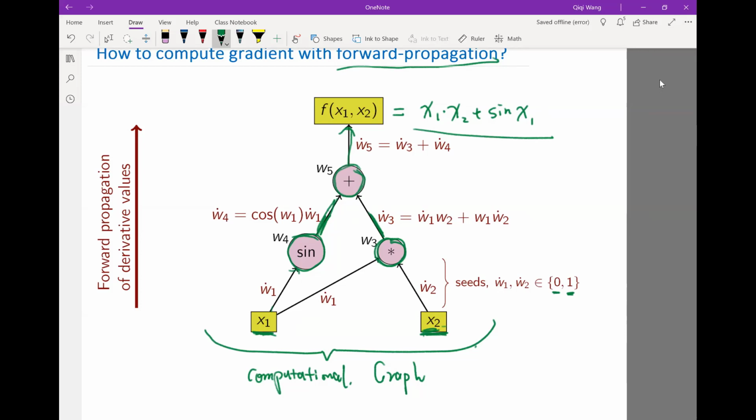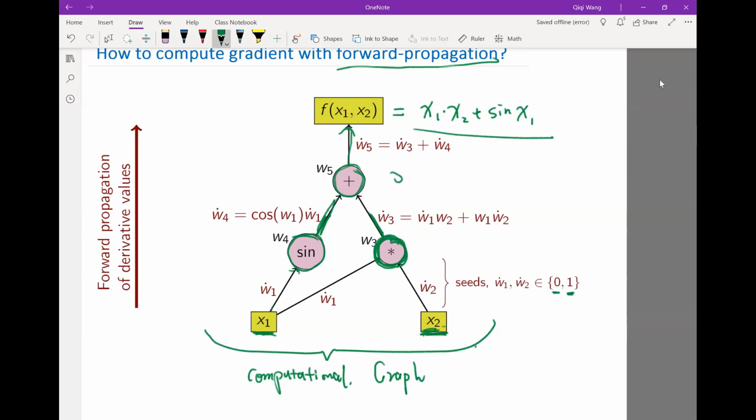Now, starting with the seed, we are going to be tracing through every operation in this computation graph. So for example, tracing through the product means I'm simply applying the chain rule.